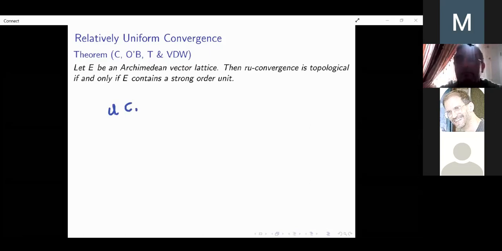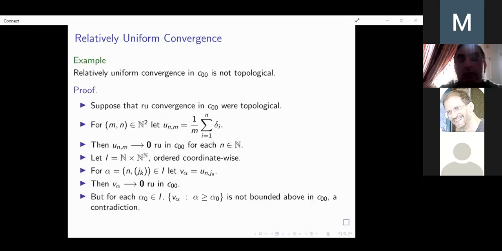No, I don't think so. I think C0 would be a counterexample. The same argument that works here for C00, for finitely supported sequences. I think you can. Oh no, wait. This may not work.